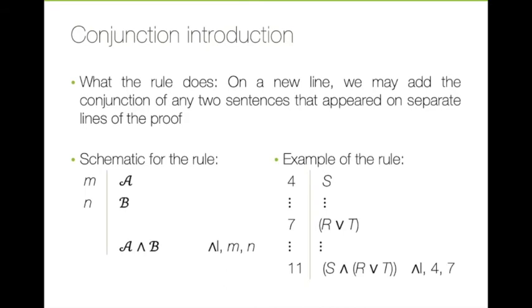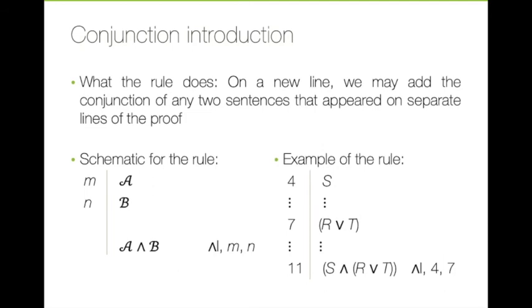So the introduction of a new sentence containing conjunction is justified by the conjunction introduction rule and the lines 4 and 7 where the conjuncts initially appeared. And note that one of our conjuncts is a complex sentence because the metalinguistic variables in the schematic don't just have to stand for atomic sentences, they can stand for sentences of any degree of complexity with any number of connectives. The idea behind conjunction introduction is simple.